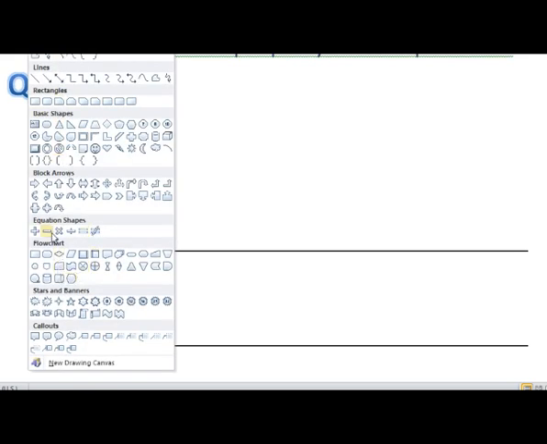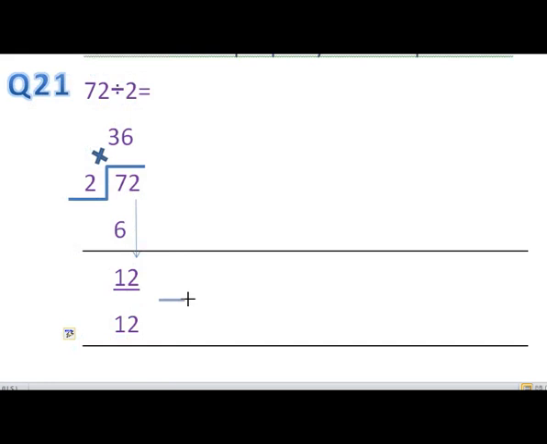So this one here is subtraction. Now 12 minus 12, the answer is 0. So this is question number 21, and now I hope you understand how to make a simple division.